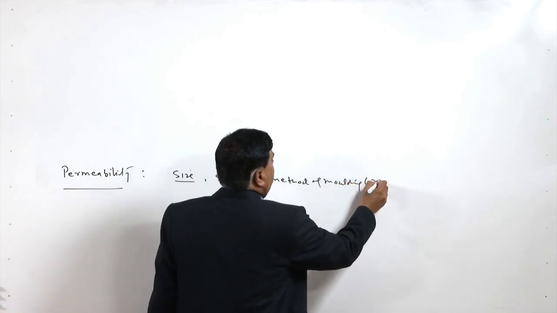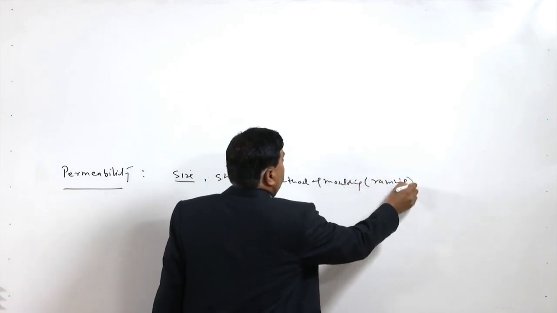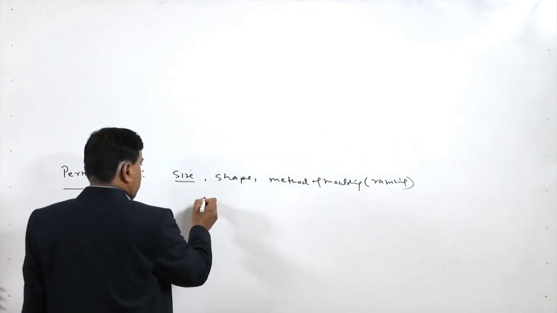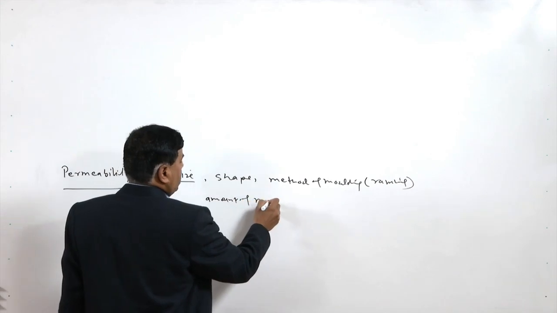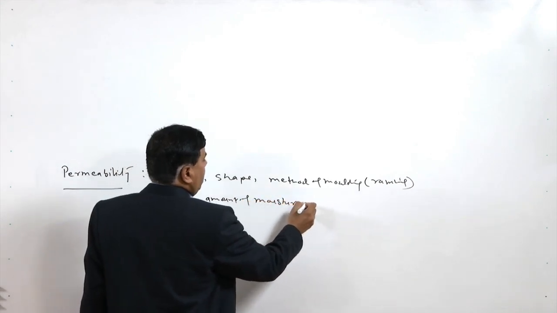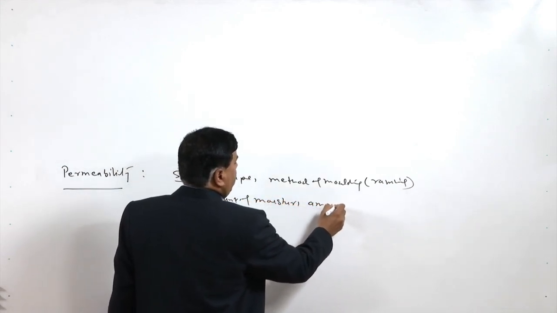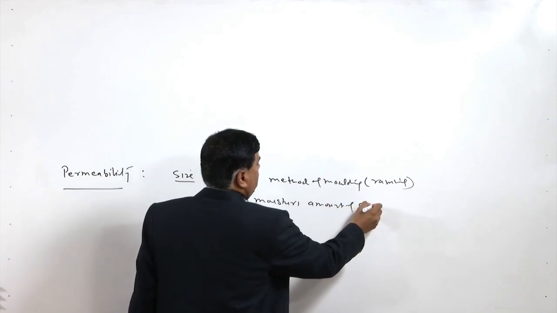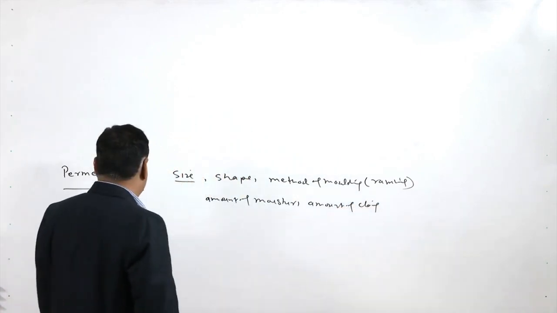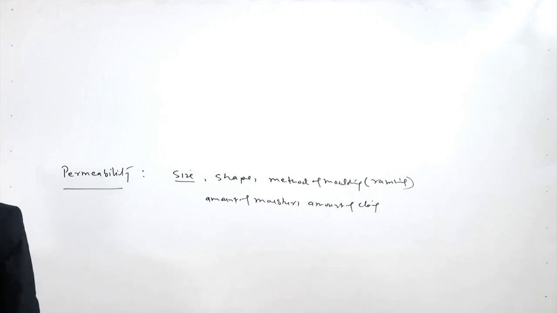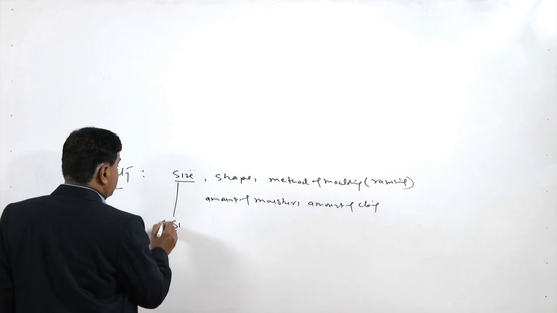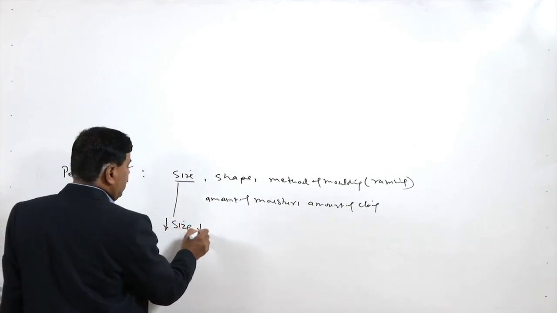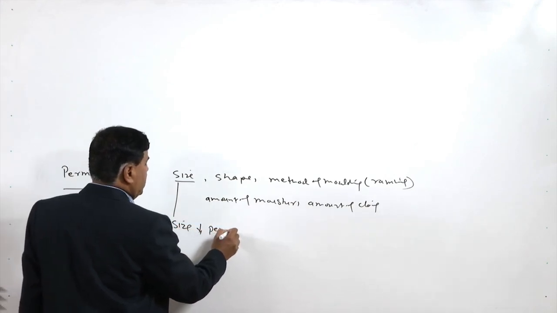Basically, it is about the ramming, how the ramming is being done, the amount of moisture, and the amount of clay which has been added. So, we know that very fine size, very low size particles basically reduce the permeability.